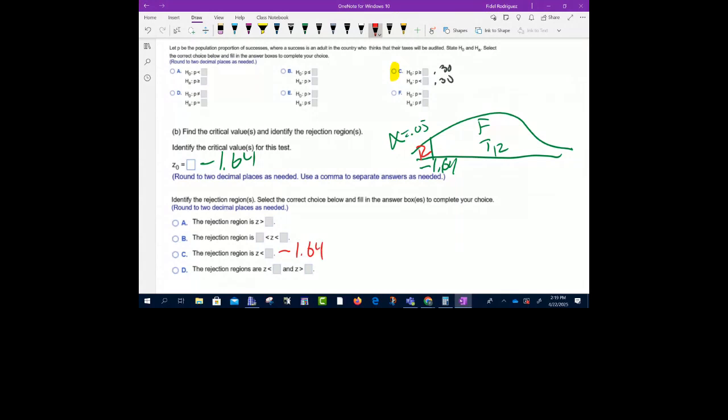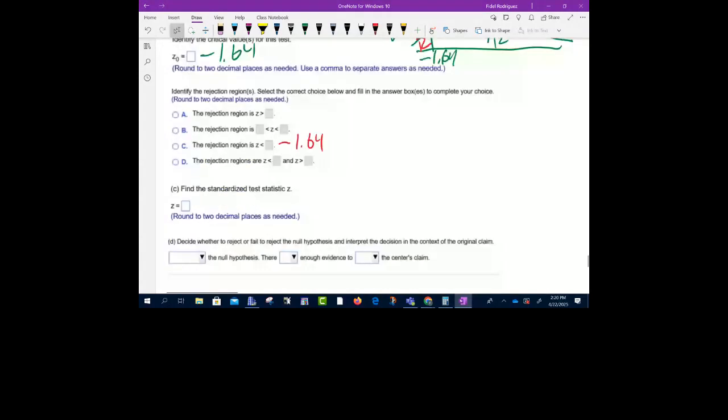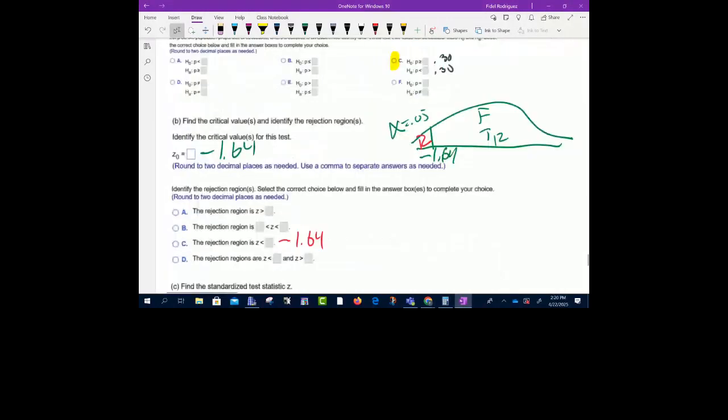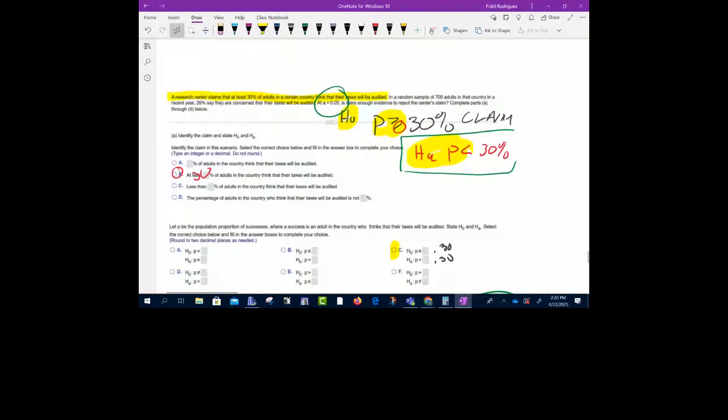Now, let's see if we can figure out a couple of things. We want to find our standardized test statistic. Y'all, I'm going to show you how we're going to do this, okay? So let's take a look. Before I do anything else, I want to write down some other pieces of information. Look, y'all, in this random sample of 700 adults, so my n is 700, it said 26% say they're concerned that their taxes are going to be audited.